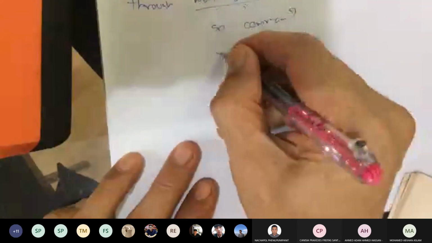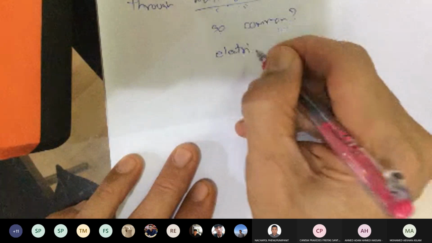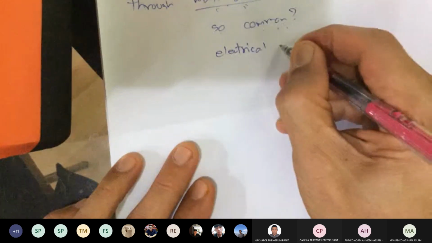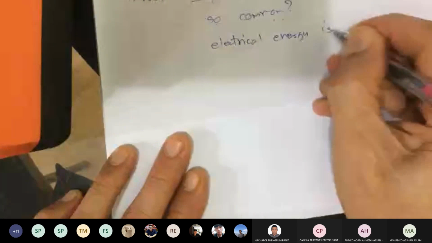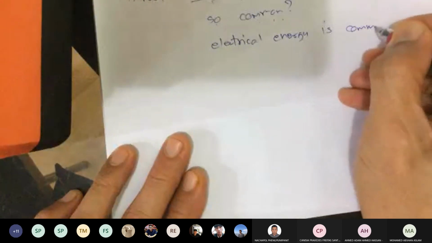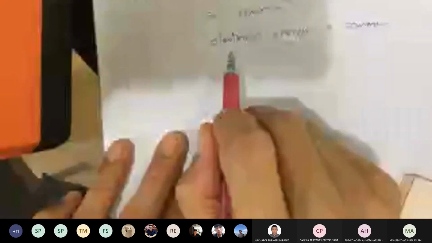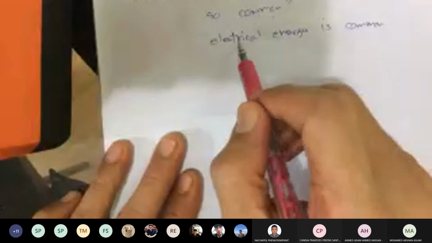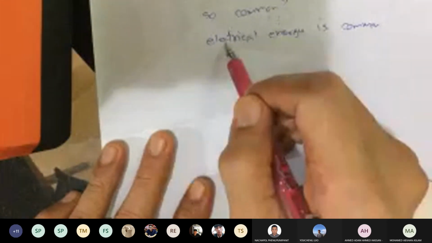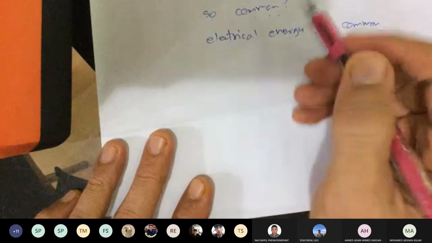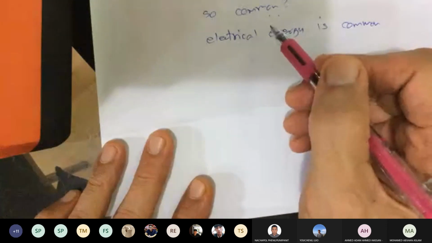Because electrical power or electrical energy is common. So you have the source of energy or power, so there are plenty of tools using that source.